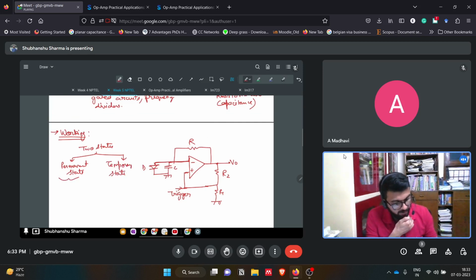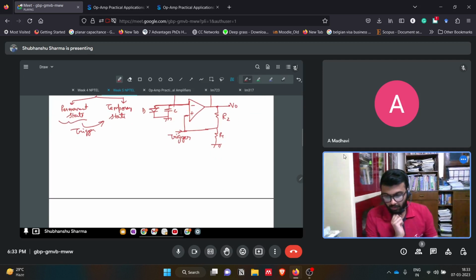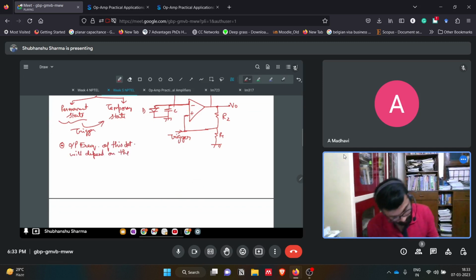So this permanent state can be converted to temporary state. How? Via trigger. We'll see how it will convert. Also, one more important thing in this is that the output frequency of this circuit will depend on the frequency of the input triggers used.